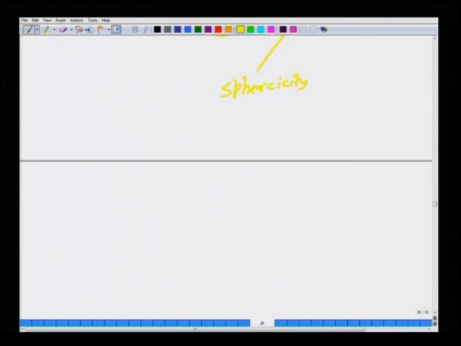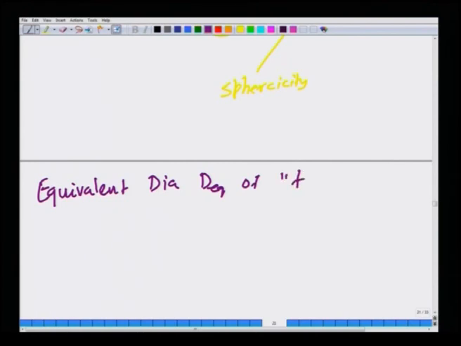Okay. Now, we want to find what is the equivalent diameter of the tube through which we imagine fluid is flowing inside a packed bed, in this bundle of tubes model.